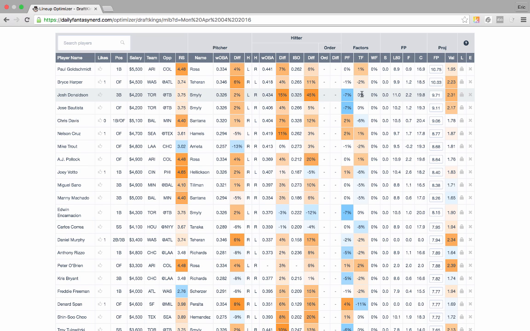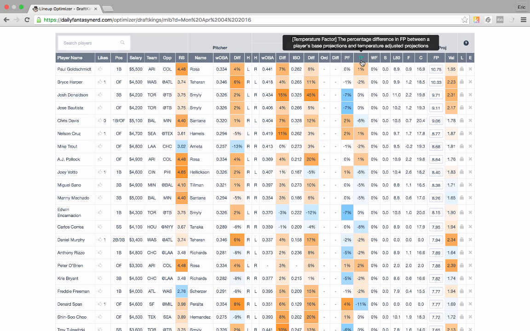And if that player goes to play at a normal ballpark, they might actually show a positive park factor here, just because we're again looking for differences between how a player is normally priced, which is based off of their aggregate season average usually, compared to where they're playing today.